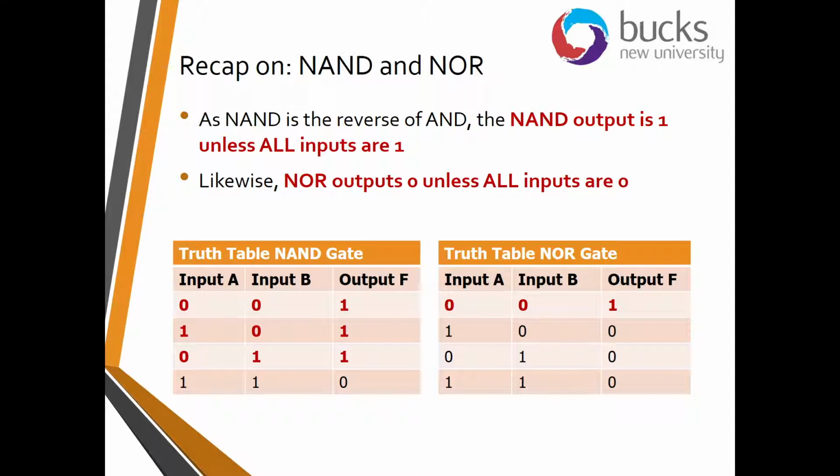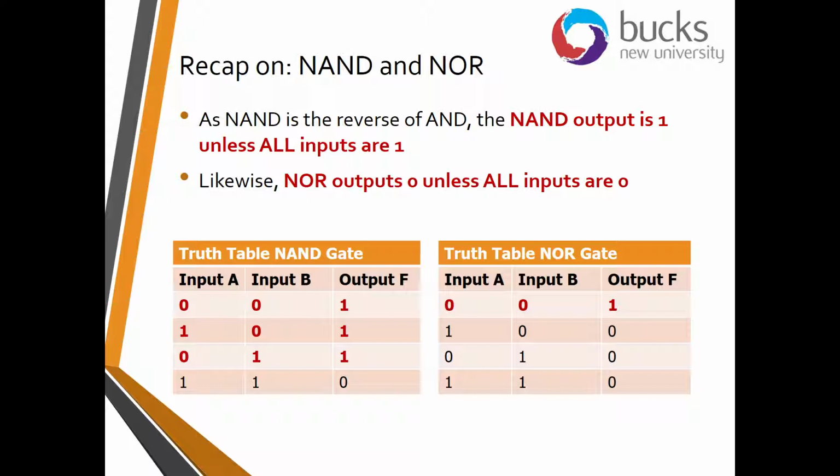So if we look at the truth table for a NAND gate with, again, 2 inputs, A and B, we see that the output F is going to be 1 if both inputs are 0, or if we have 1, 0 or 0, 1. And the only output that won't be is when we have all the inputs being 1, which is the reverse of what we had with an AND gate. So it kind of inverses the AND gate truth table.